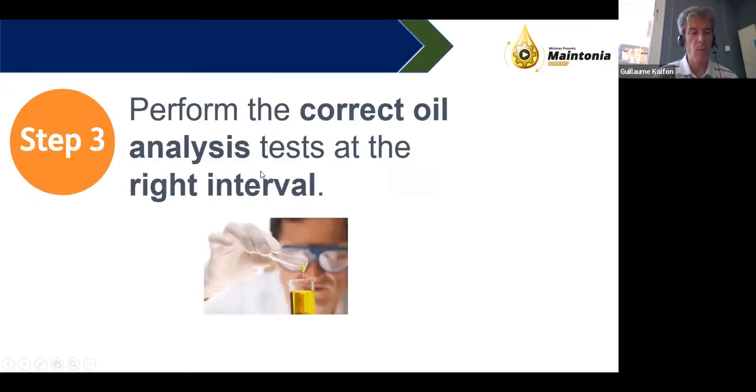Sometimes you can remove some contamination, like water and particles, but you will still have the varnish. So now, we understand better, I hope, why this phenomenon comes. But how can we see if it's coming by analysis?